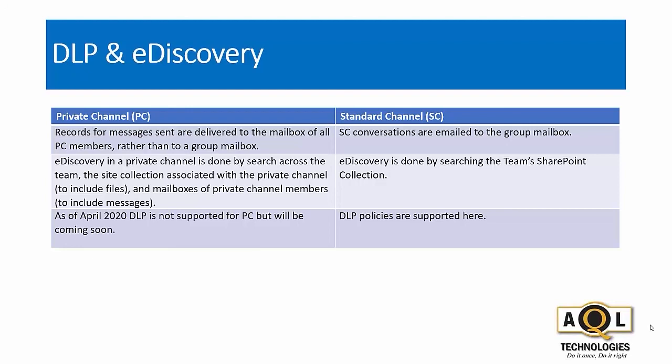So that's two different site collections at the least. And along with that, since messages are sent directly to all the private channel members, a third thing is that the mailboxes of all the private channel members need to be searched as well for eDiscovery, which makes it a little more complex. Whereas for a standard channel, eDiscovery is done just by searching the team's SharePoint site collection itself.